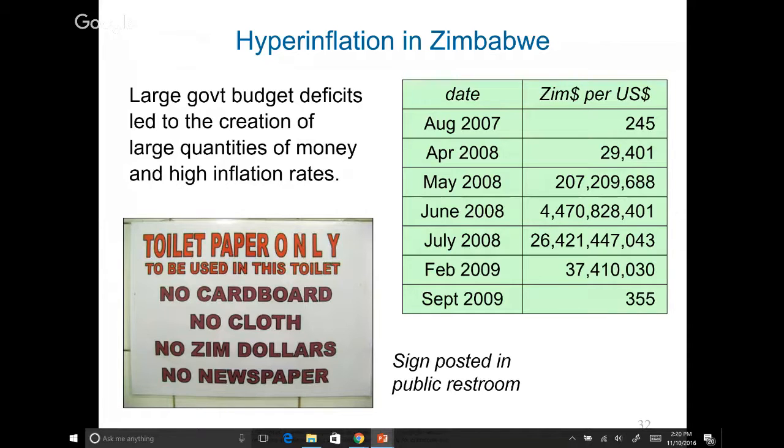If you look at the exchange rate, in August of 2007, $1 US could be exchanged for 245 Zimbabwe dollars. But by July of 2008, this became $1 US for 26 billion Zimbabwe dollars.